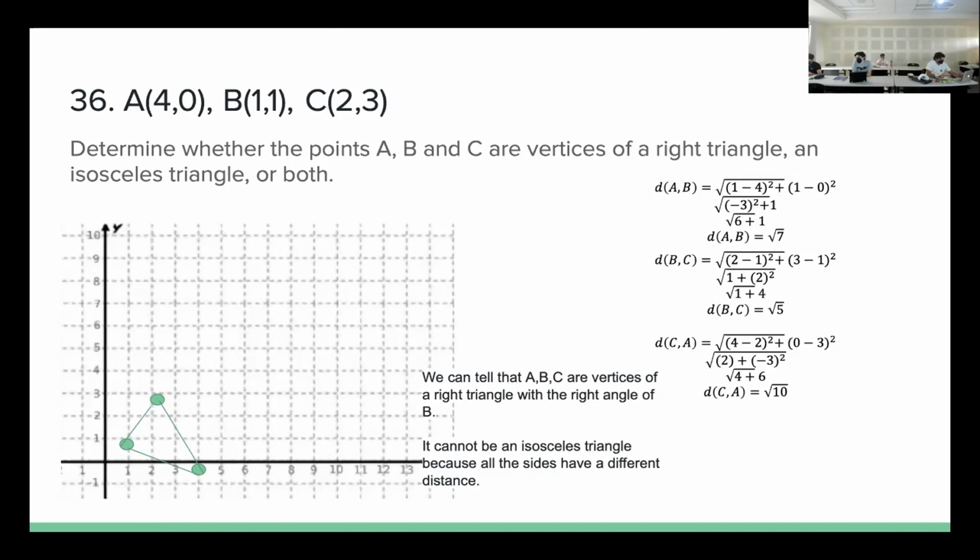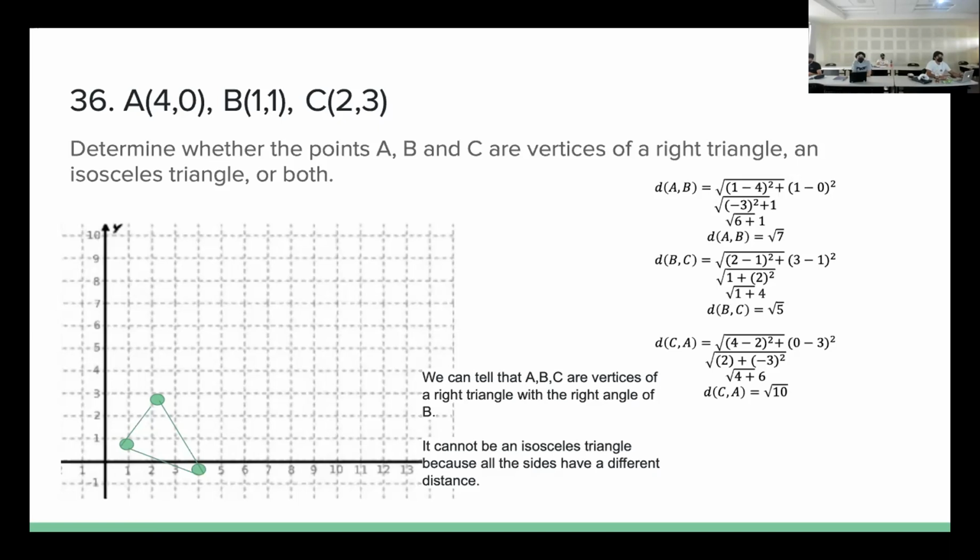Then we got negative 3 squared plus 1. We got 6 plus 1 in the root, and finally the distance is the square root of 7.